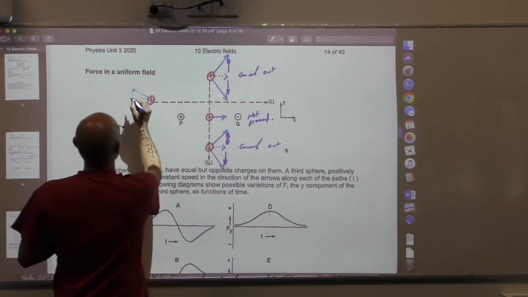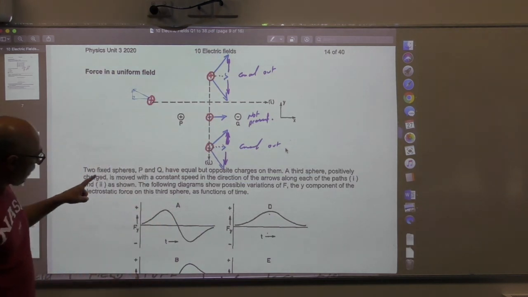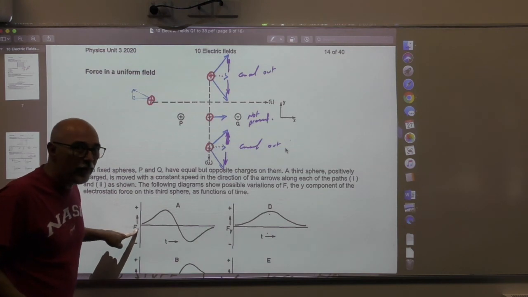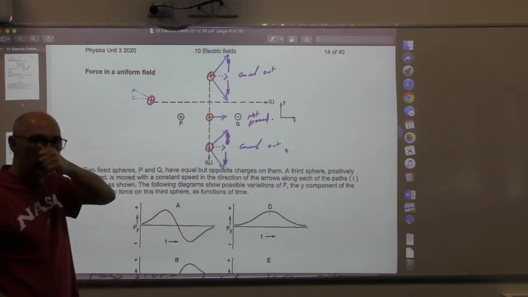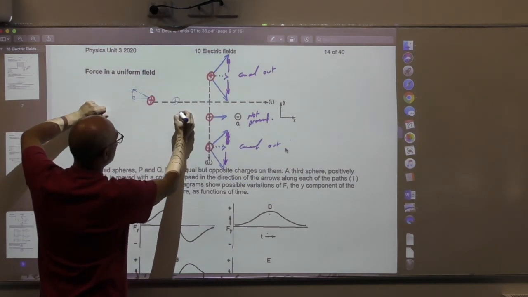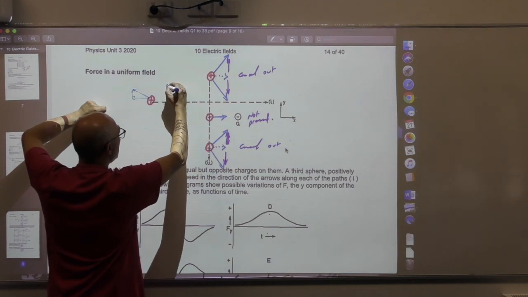What this question is asking is the force in the y direction. That's all they care about. We don't care about this force here. So you can see that as this gets closer and closer, the y component is getting bigger and bigger.